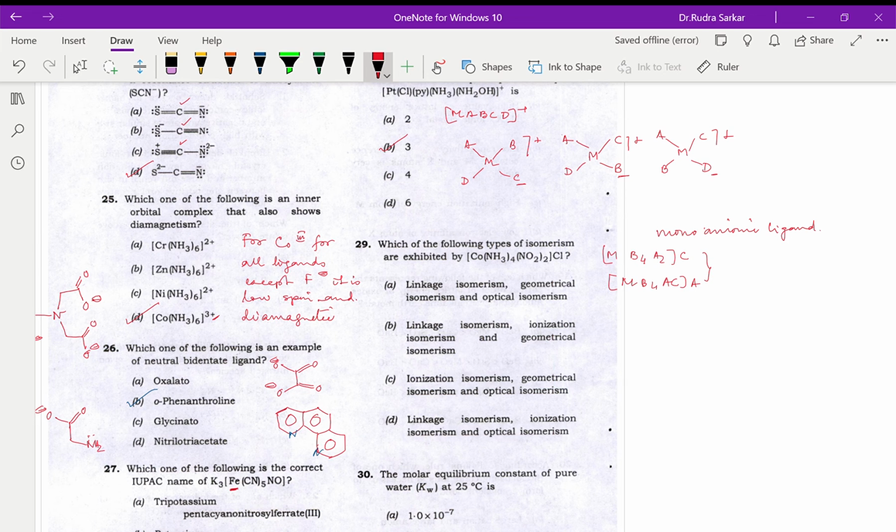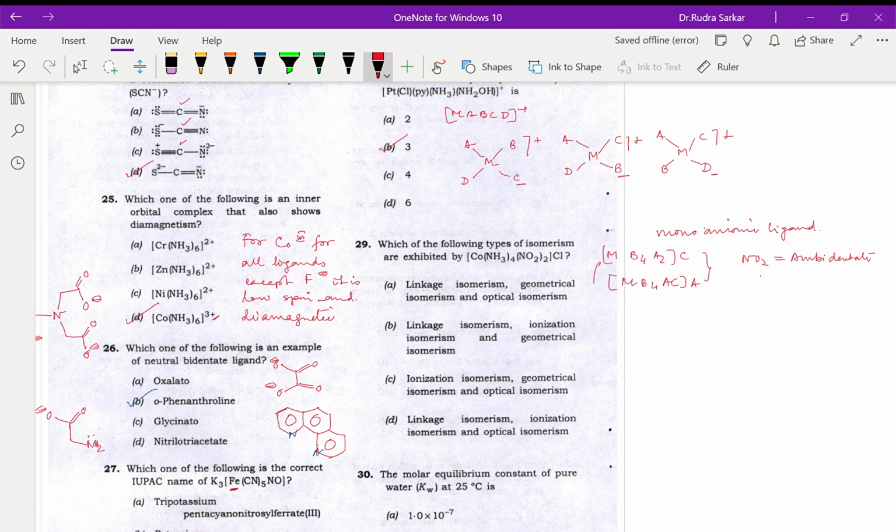Now over here NO2 is ambidentate, so obviously one more isomerism possible is linkage. Okay, so that should be possible. In the other case, in complexes of the type MB4A2, we can say geometrical isomerism also is possible.